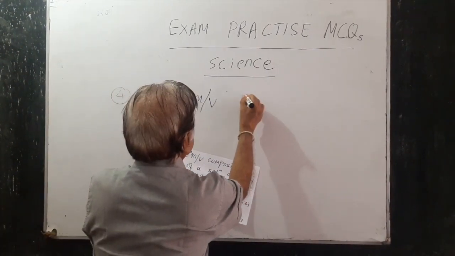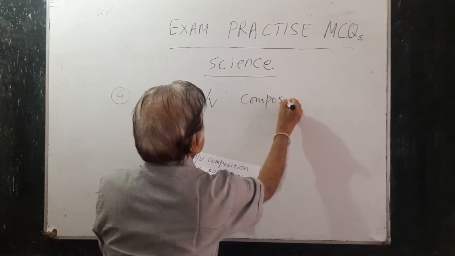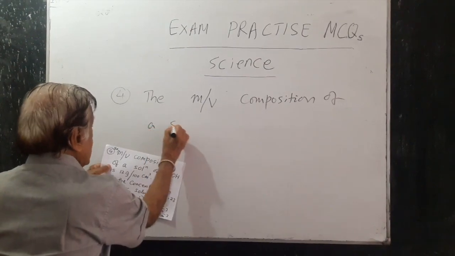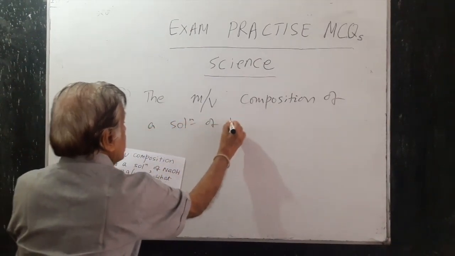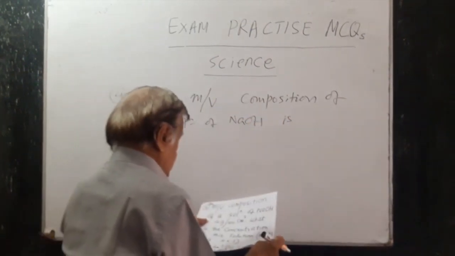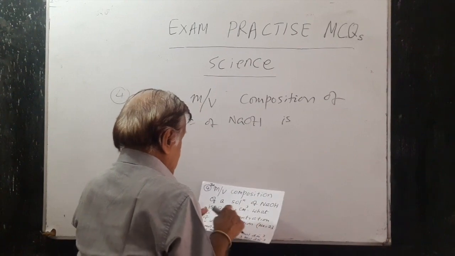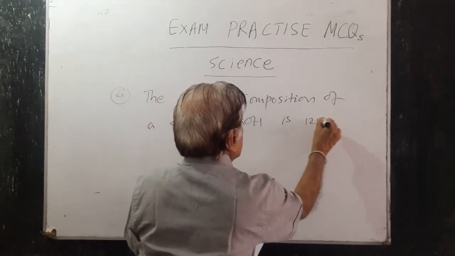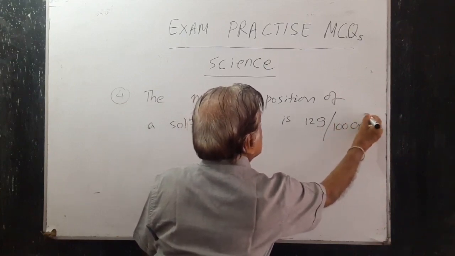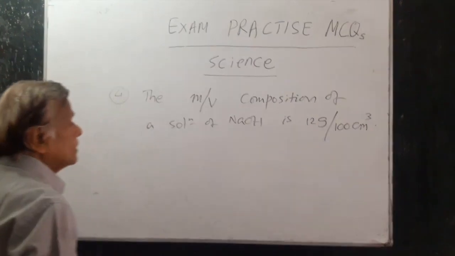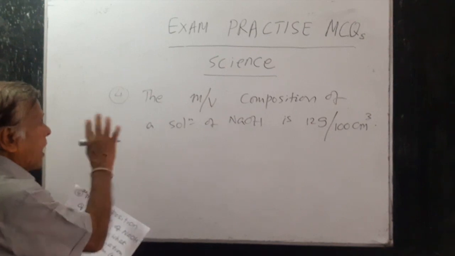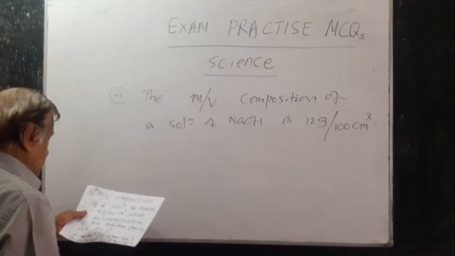The mass to volume composition of a solution of sodium hydroxide is 12 grams per 100 cubic centimeters. Now this is the mass to volume composition.